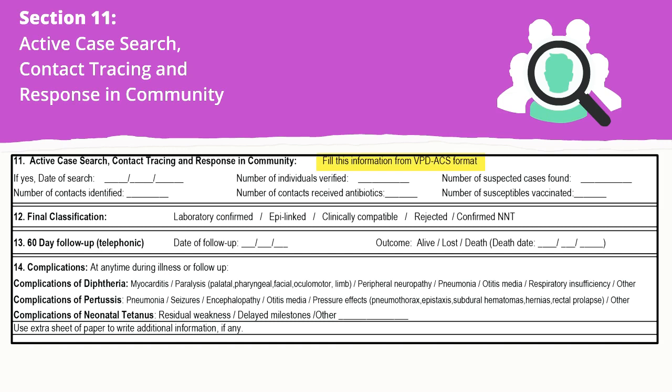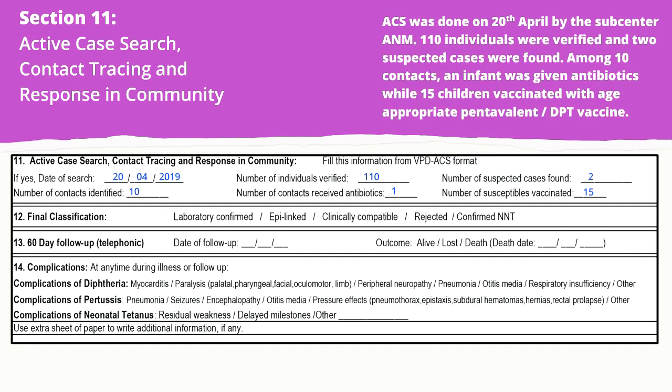The ACS should be done using VPD ACS format. Important components of ACS are number of individuals verified, number of suspected cases found, number of contacts identified, number of contacts received antibiotics, and number of susceptible vaccinated.